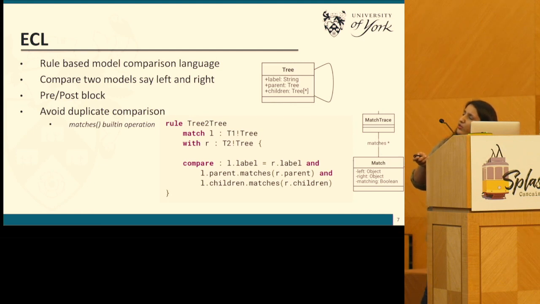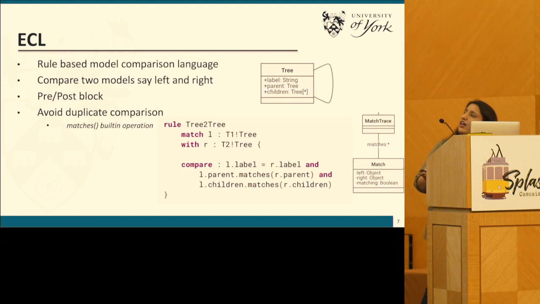We have a rule here called tree to tree. Basically, this rule is comparing two tree models conforming to this metamodel. We have a keyword match that specifies one model element and then the other model element to compare it with. So l is a model from T1, and r is a model from T2.